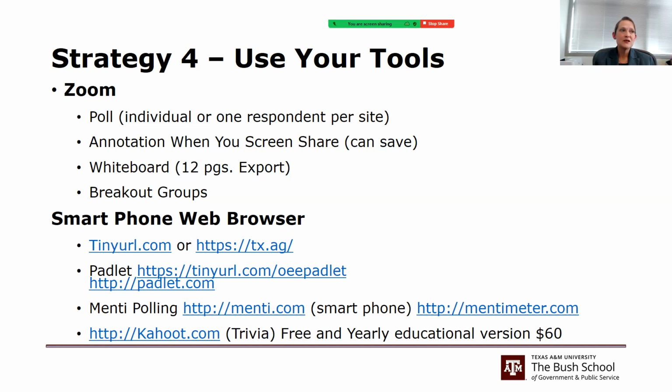There are some tools that I'm going to show you, called Mentimeter.com, where if students have their smartphone and a browser, you can poll them. So that's an option that you can use rather than the Zoom poll, since not everyone's in Zoom.